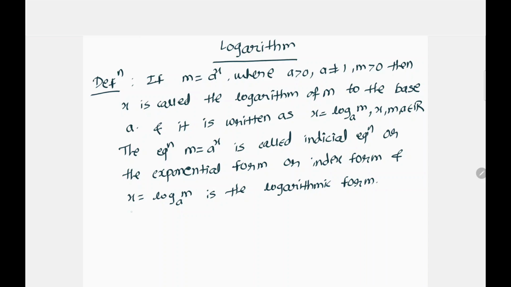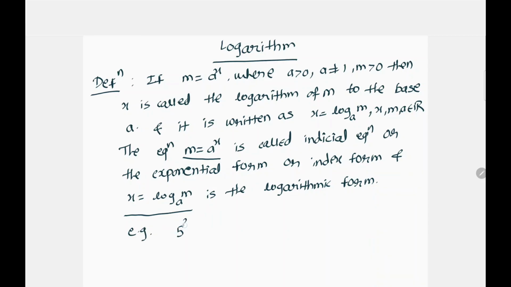It means x is equal to log m to the base a. This is the logarithmic form, and in this logarithmic form we convert it in exponential form as m is equal to a raised to x.